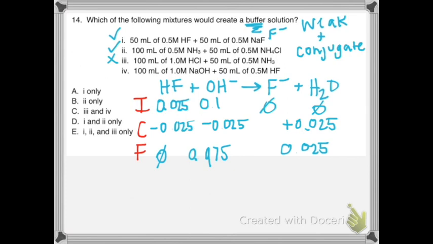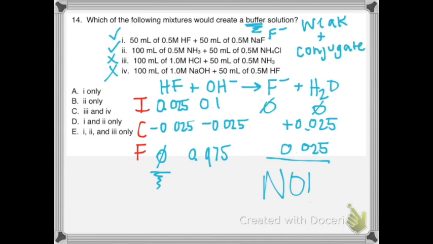Okay, so again we stop and think, do I have something weak and its conjugate? Well, we have the conjugate. Again, we don't have the weak acid. Okay, so this would not be a buffer.